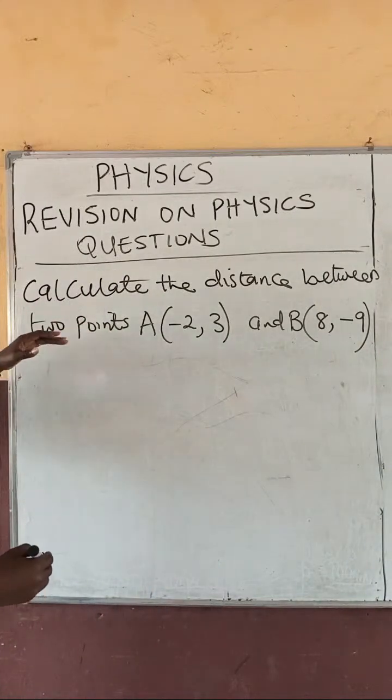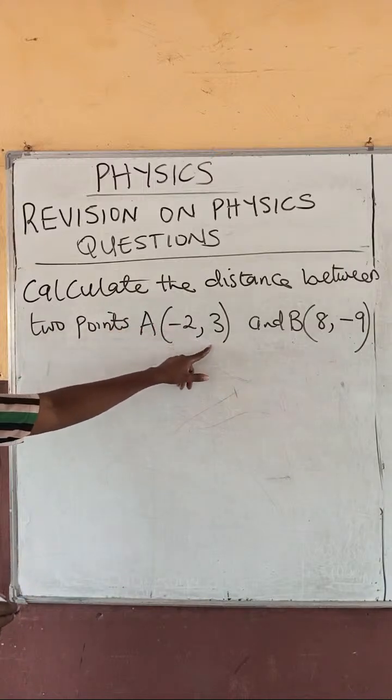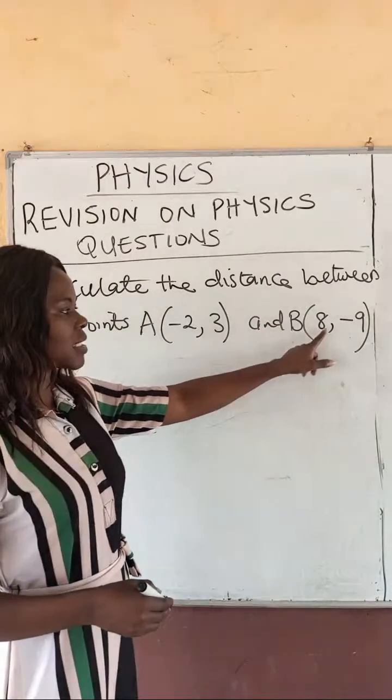Calculate the distance between 2 points. We have A (-2, 3) and B (8, -9).